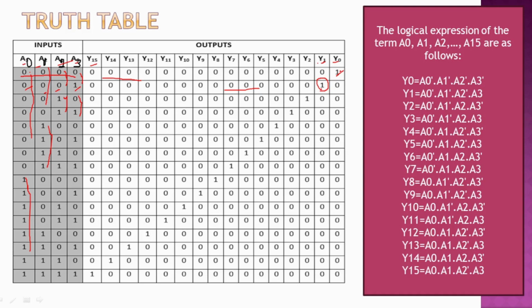For the first input values, you will get Y0 as 1, next you will get Y1 as the high output value, and for the third value you will get Y2 as the high output value.